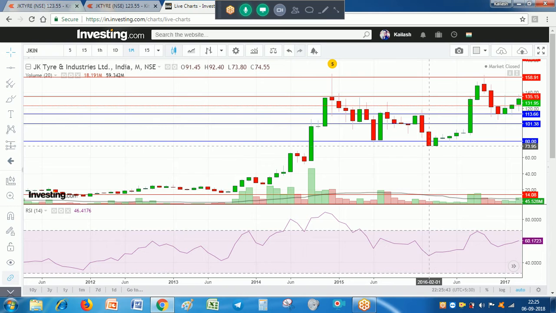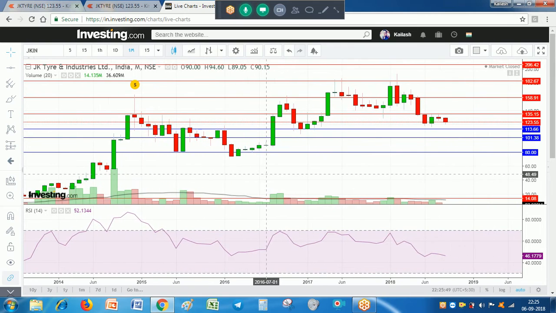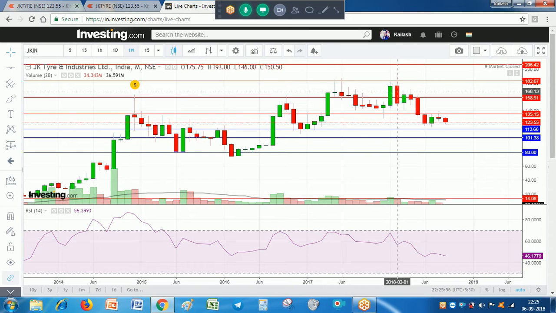After that level, it has made a lifetime high. This is the highest candle I could see here, friends. So the lifetime high of the stock is 193, and now it is trading in the range of 123.